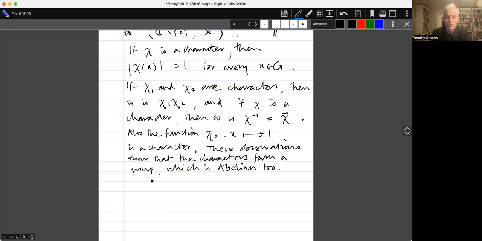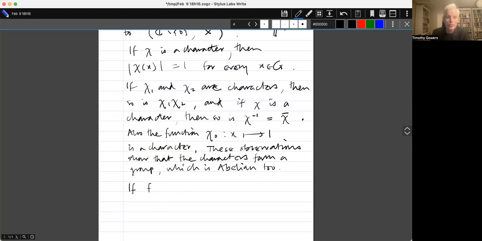But before I go any further, let's prove a lemma that's going to tell us that characters are orthogonal to each other, actually. But before that, I want a definition. I want to say precisely what I mean by orthogonal.